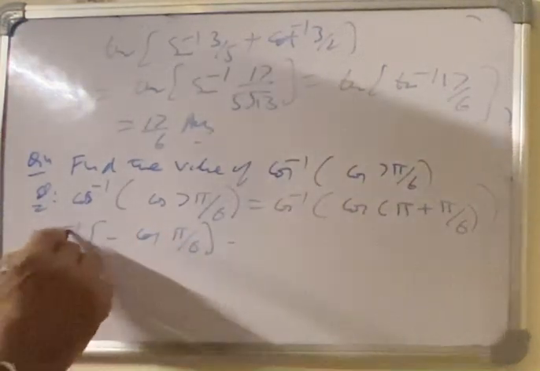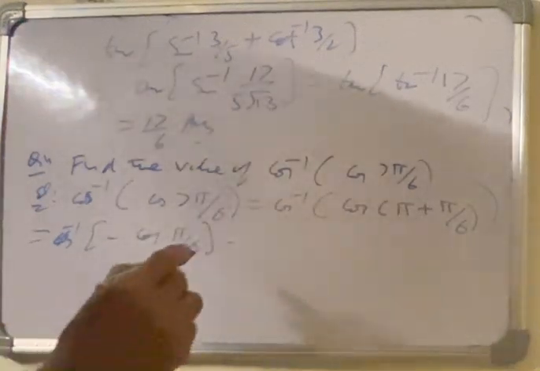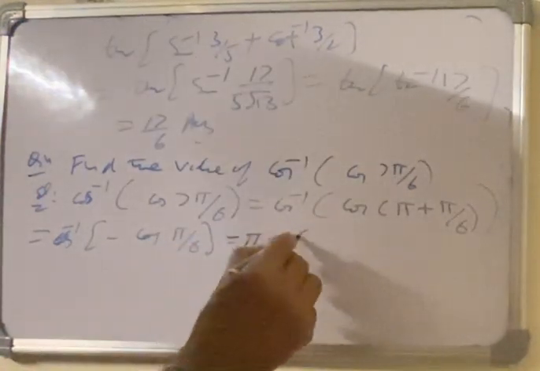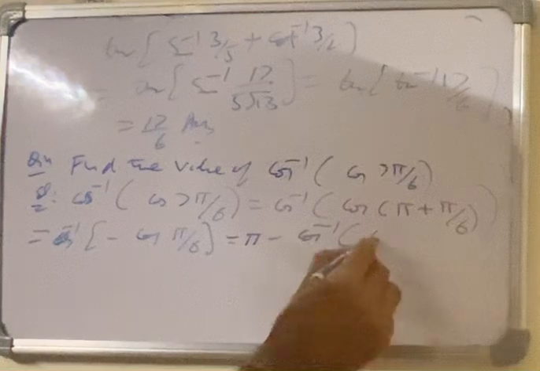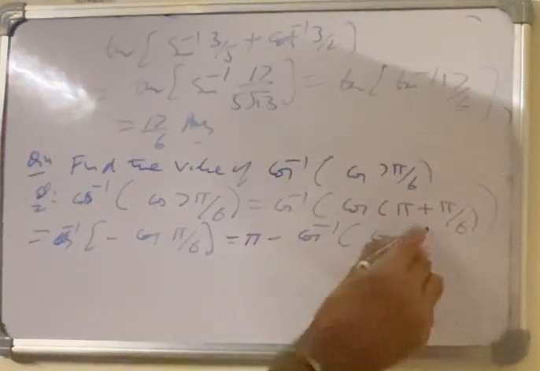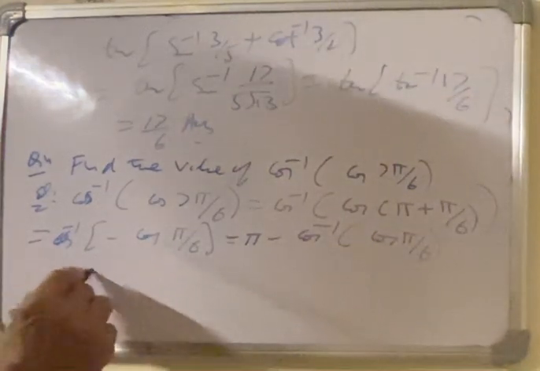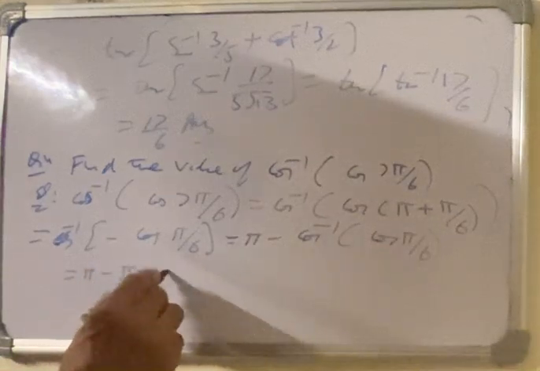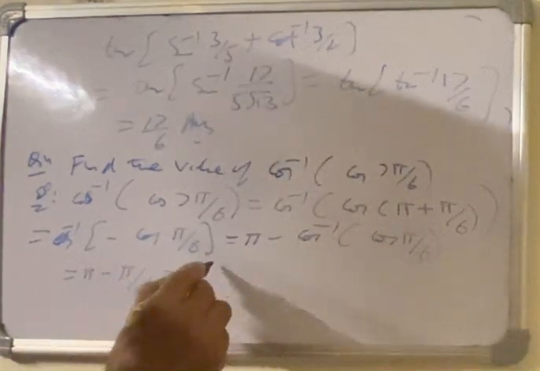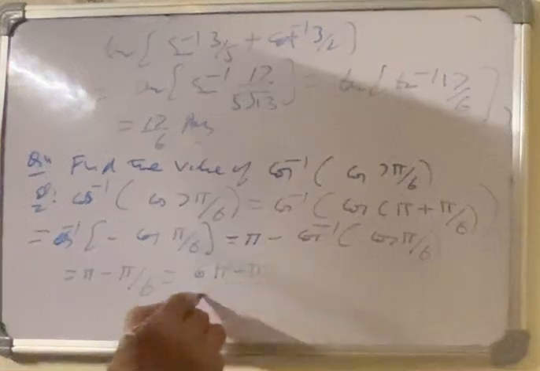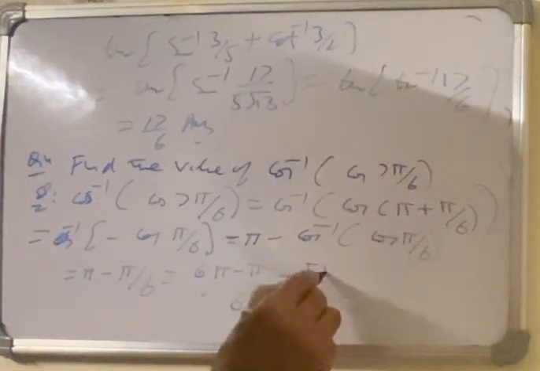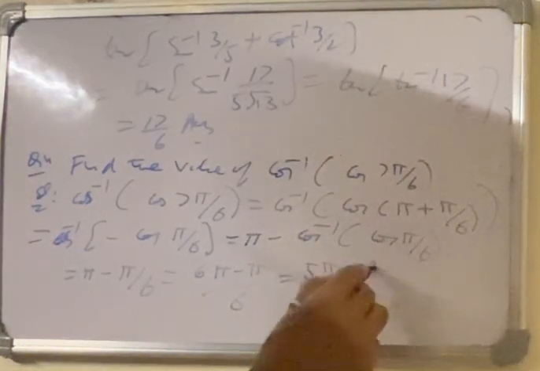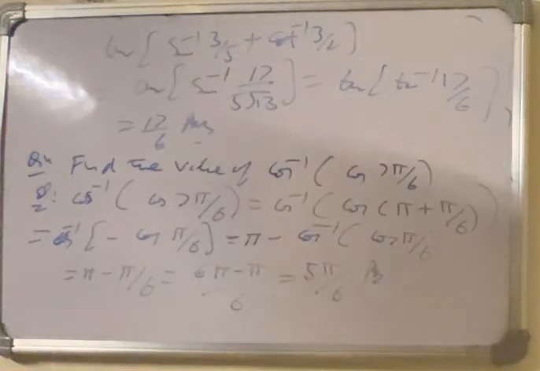Cos inverse of minus theta is pi minus cos inverse theta, which is pi minus cos inverse cos pi by 6. Therefore, pi minus pi over 6, it is 6 pi minus pi over 6, which is 5 pi over 6. This is the answer.